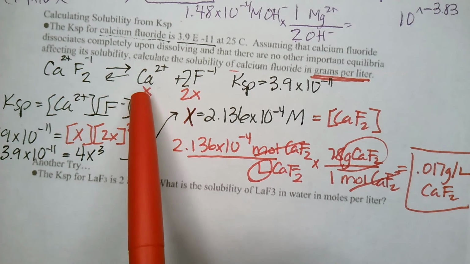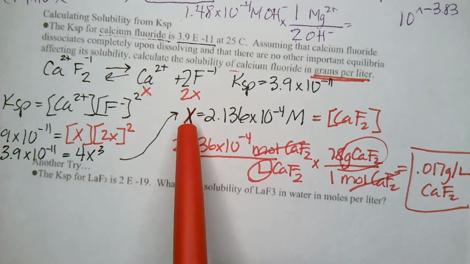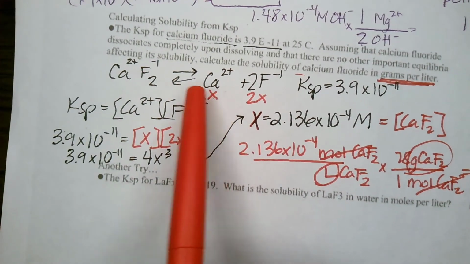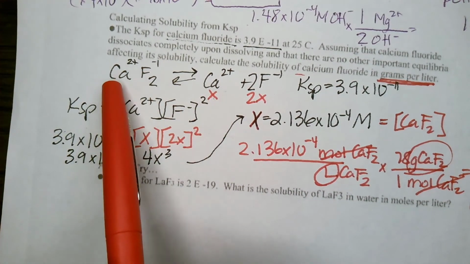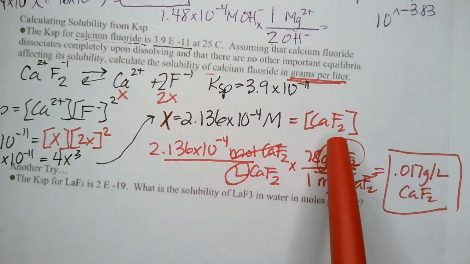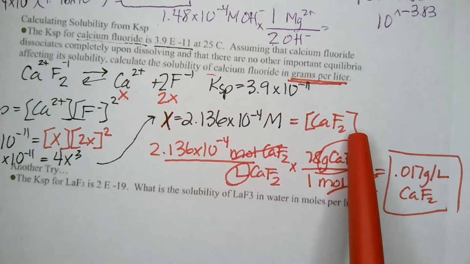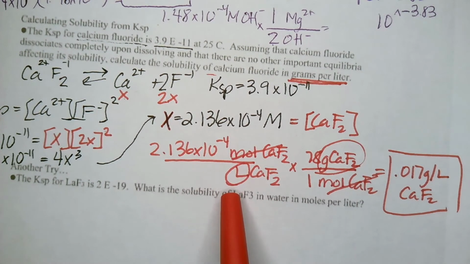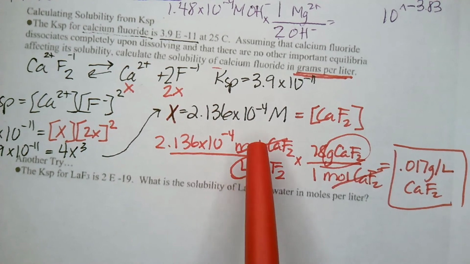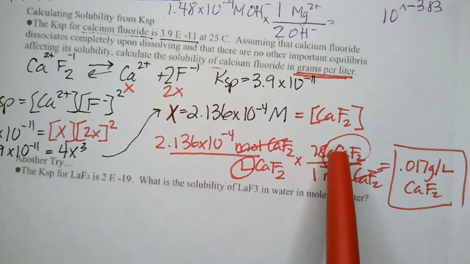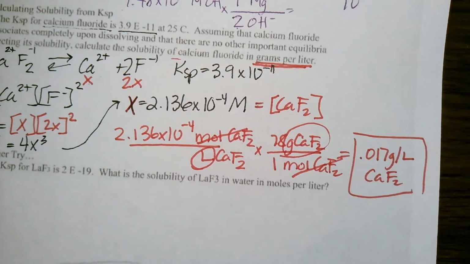Well, x is equal to our calcium ion concentration. If we really wanted fluoride, we could double it, but we know we have a 1-to-1 ratio here. So my calcium is also equal to the calcium fluoride concentration, in moles per liter, and we just went to grams per liter, so we multiply by the molar mass to get 0.017.